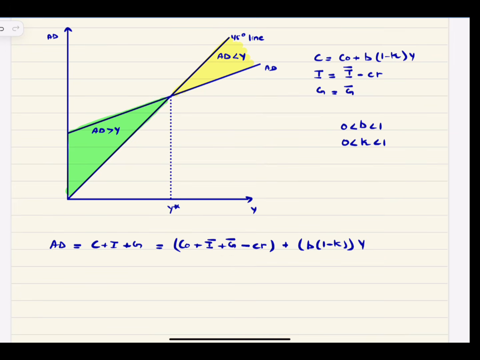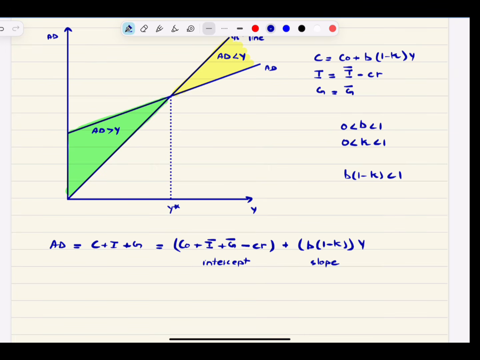So this is the equation, and I can see that this is the intercept and this is the slope. For stability we need the slope to be less than 1.